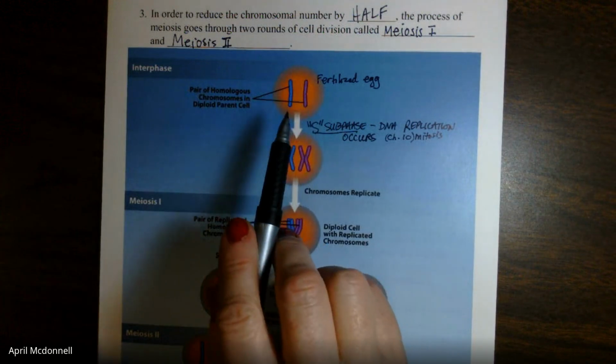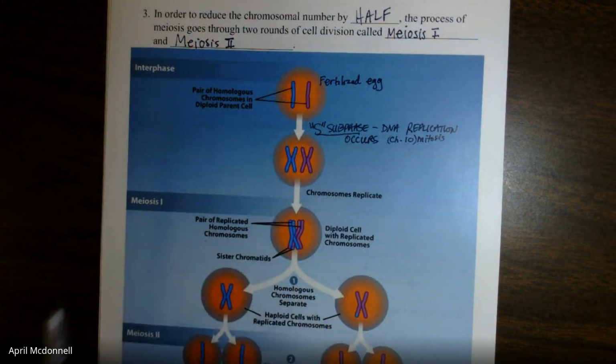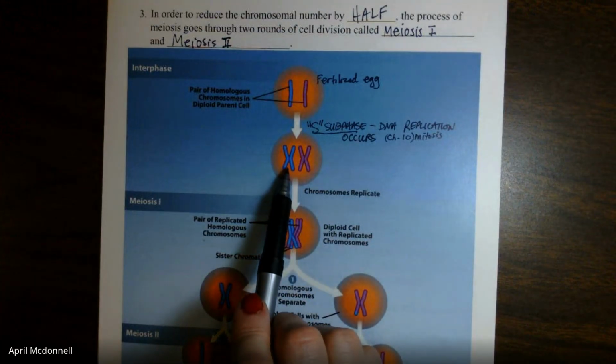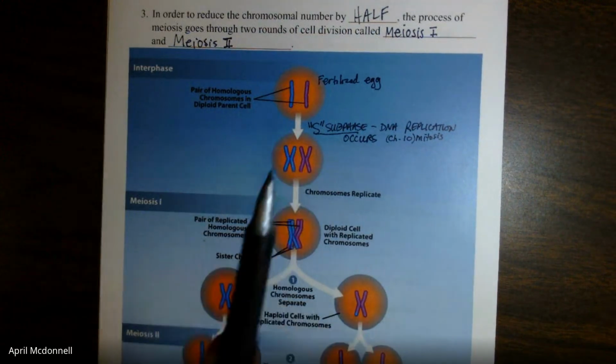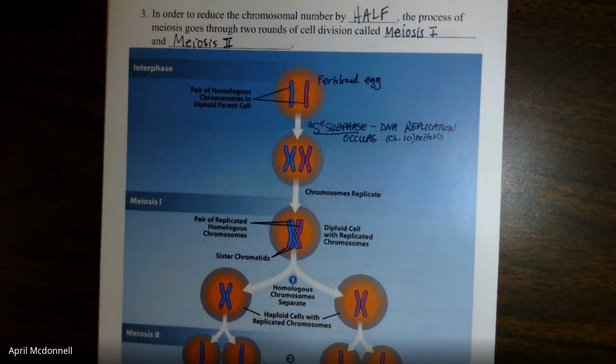During the S subphase, we took our independent chromosomes and we ended up with duplicated chromosomes, which is what we're seeing here. So this is a duplicated chromosome containing 2 sister chromatids, and this is another duplicated chromosome containing 2 sister chromatids.